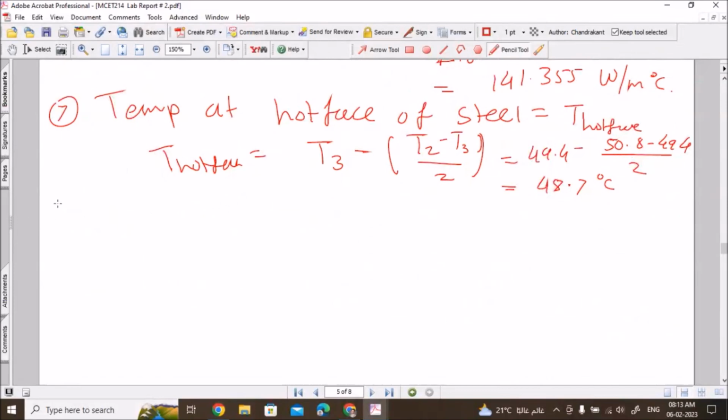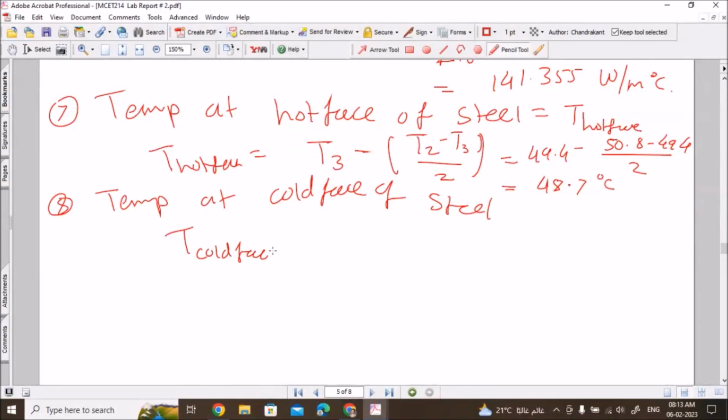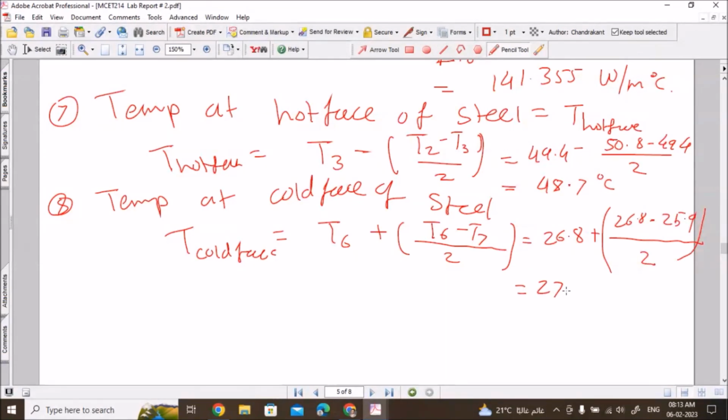Similarly, the temperature at cold face of steel, T cold face, is equal to T6 plus the difference (T6 minus T7) by 2, which is 27.25 degrees centigrade.